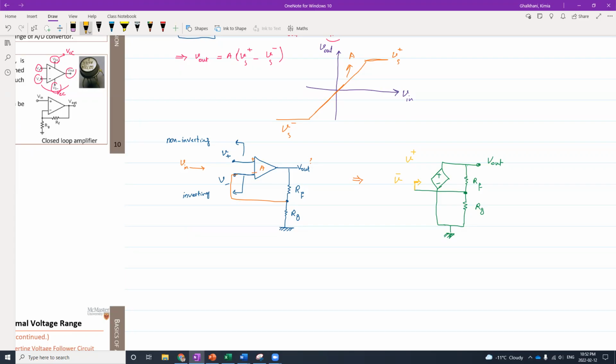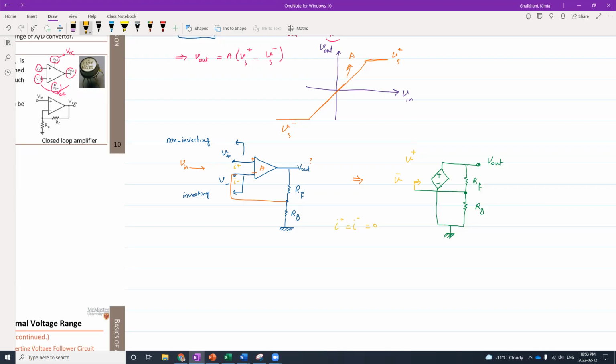Now, if I apply current to the circuit, right? If I apply current to here and here, what will happen? Then these two currents are going to be equal, which means I positive is equal to I negative, which is almost 0.